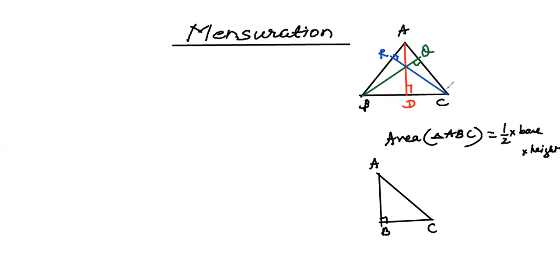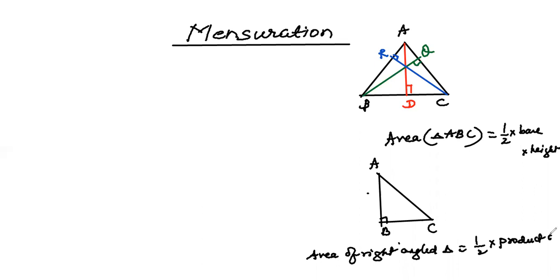So BC I can take as the base and AB as the height, or I can take AB as the base and CB as the height. It's your choice. So remember, in case of a right angle triangle, the area is half base into height only. Area of a right angled triangle, I write as half into the product of perpendicular sides.